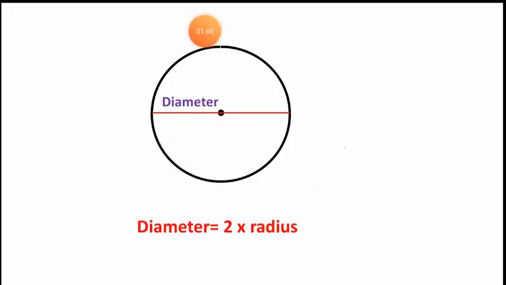Children, a chord which passes through the center of the circle is called a diameter, and we can say that this diameter is 2 times the radius put together. As you can see from the figure also, the diameter is formed when 2 radii are put together.